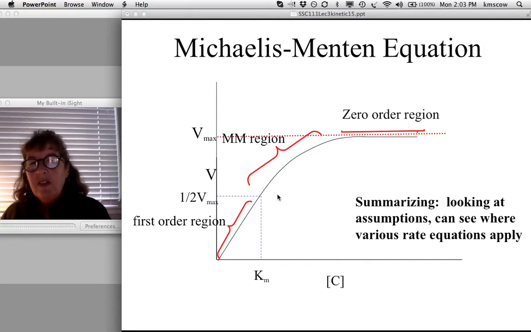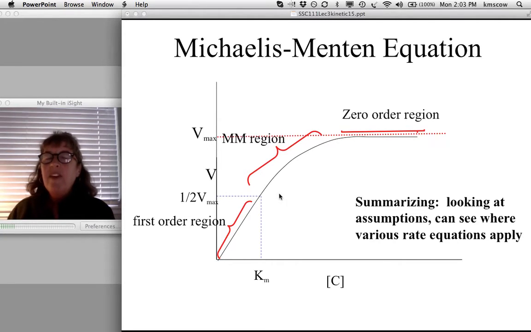Okay, and then what about this region in between? We have this first order region, where the rate is proportional to concentration. Zero order region, rate is not proportional to concentration. And we have what I'm calling the Michaelis-Menten region, where the rate is a function of concentration, but not this straight out predictable relationship.